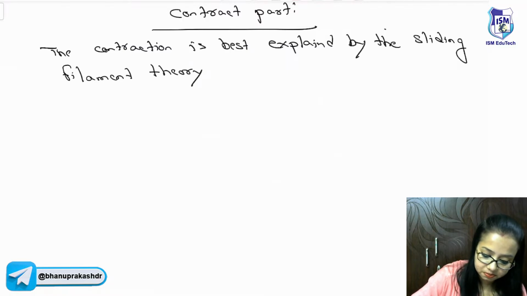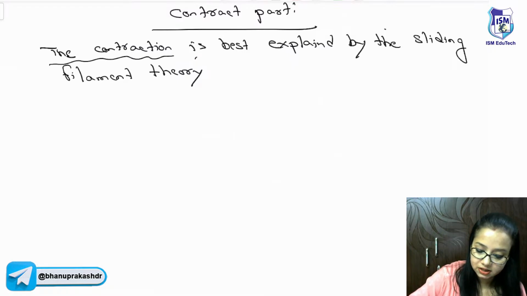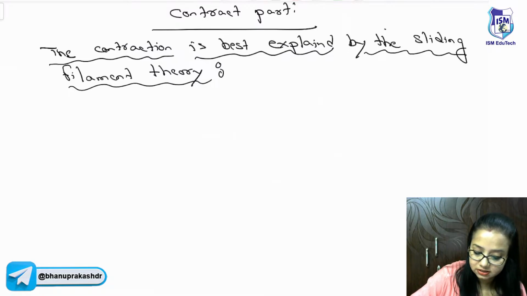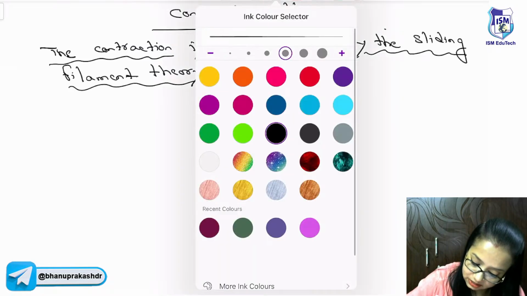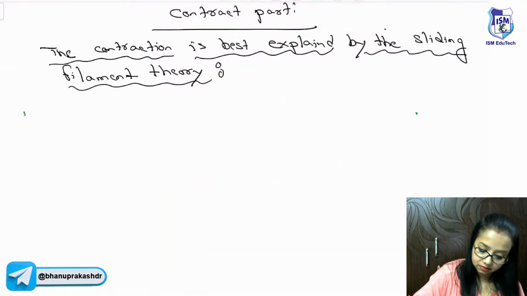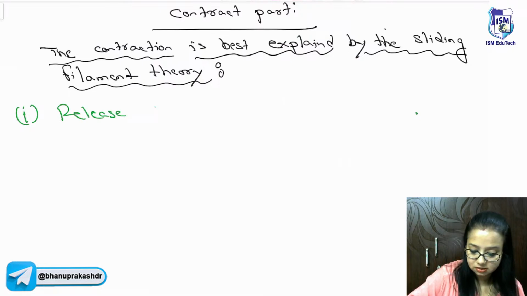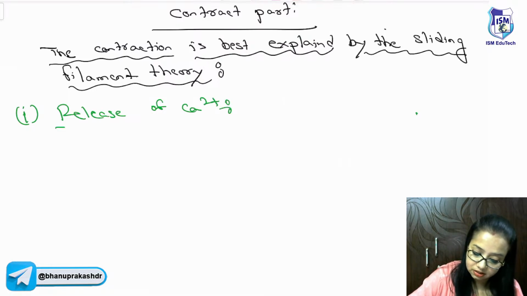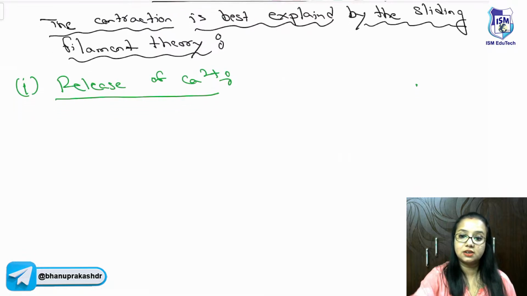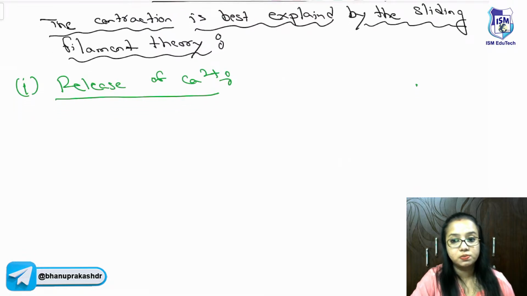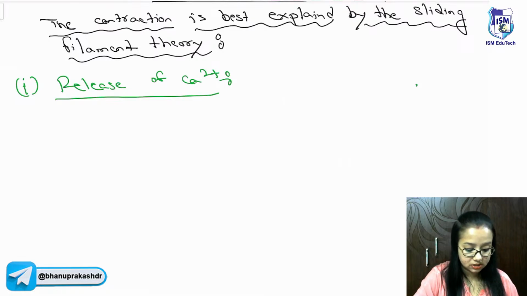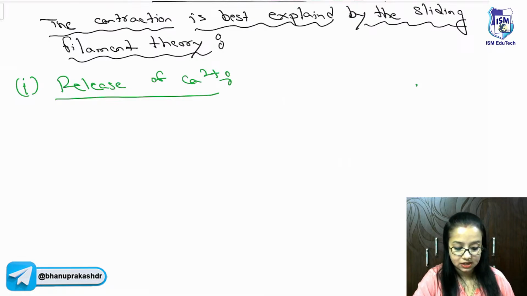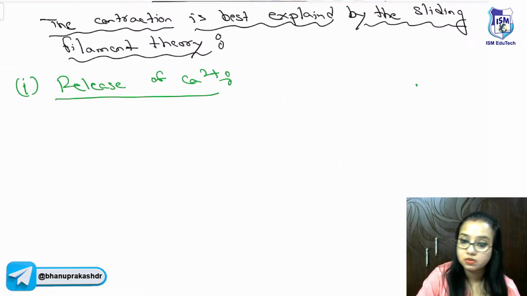Okay. Going by the event, first is release of calcium. Now, if we go back to the neuromuscular junction that we studied, it is a specialized junction through which a motor spinal neuron goes and innervates the skeletal muscle, right? That is what a neuromuscular junction is.